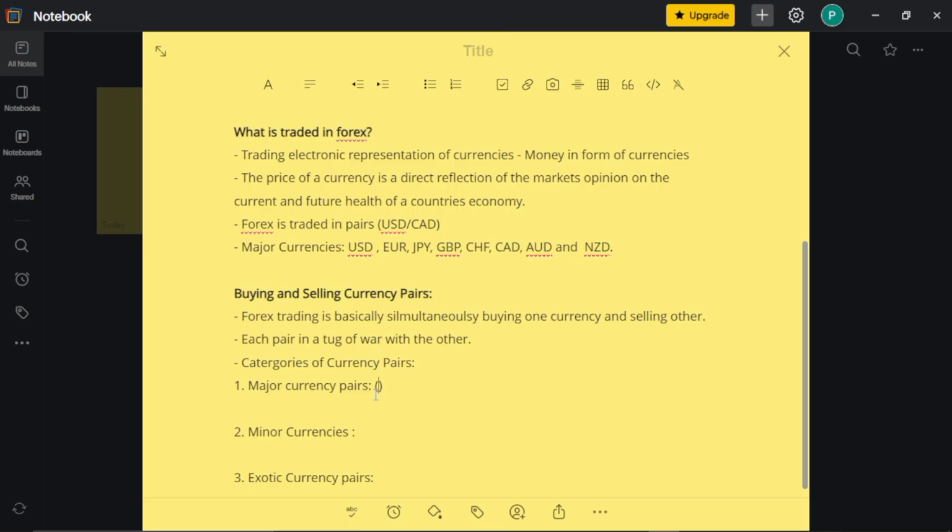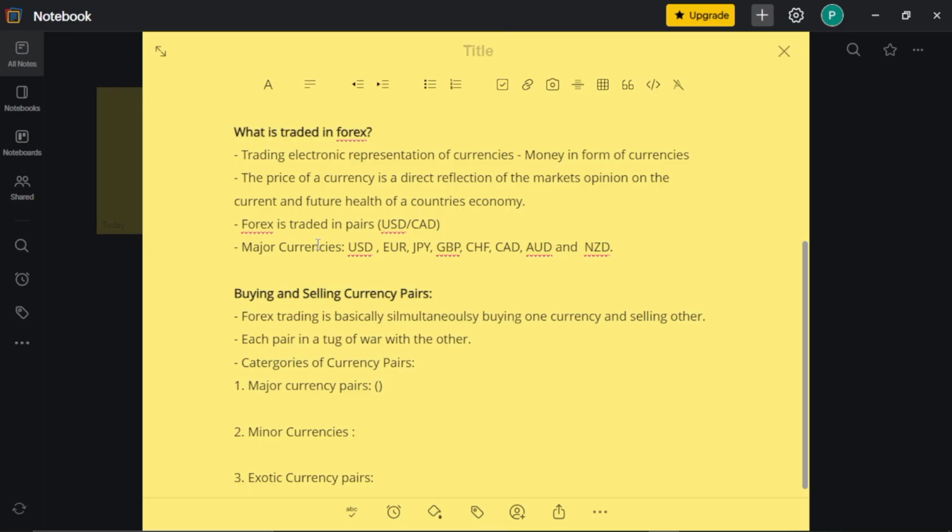So the currency pairs listed as majors earlier, right? Those are major currencies. Now, if you cross them, if you cross the US dollar, look at where I listed the US dollar. I listed it first because it's more or less the global currency, right? Whether we choose to admit it or not, in spite of what BRICS is trying to do at the moment, they cannot undermine the value of the dollar.